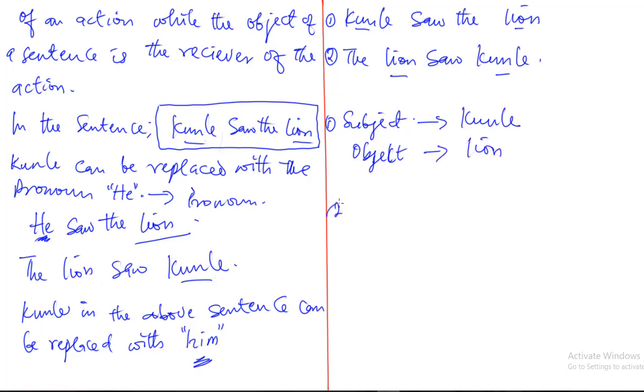In the second sentence, the subject is the lion, while the object is what?